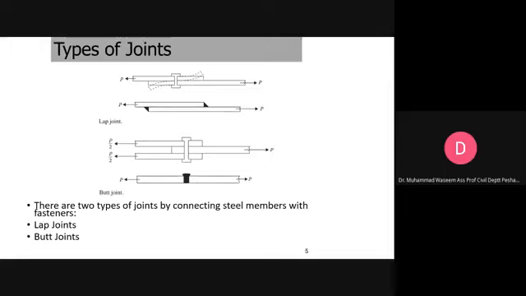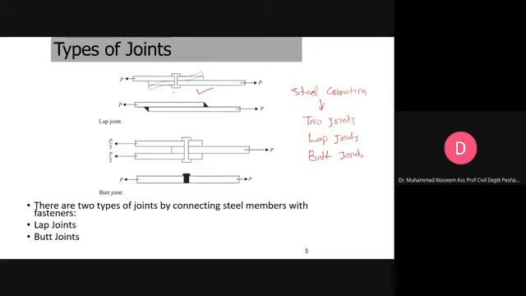In steel connections we have two types of joints: lap joints and butt joints. This is an example of a lap joint.